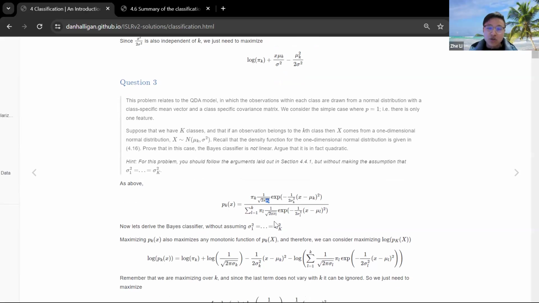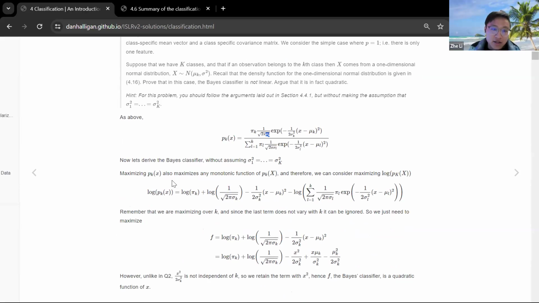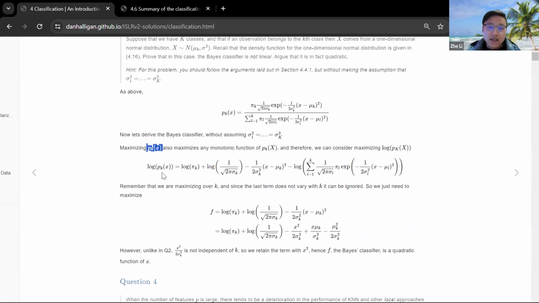So we have to do a bit of matrix, or kind of complex, algebra across each case, and we have to maximize the probability of classifying things as k.